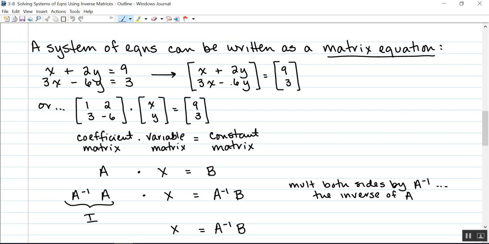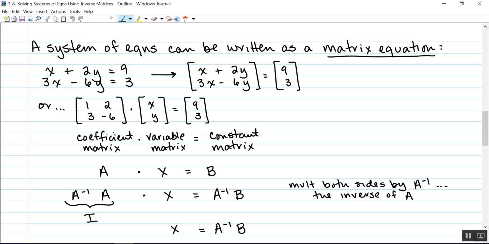Or I can pull out the x and the y so that I have the coefficients 1, 2, 3, and -6. You'll see those are the coefficients up here. And then I have x and y in a matrix by themselves, and then I have the numbers on the right, 9 and 3, in a matrix by themselves.